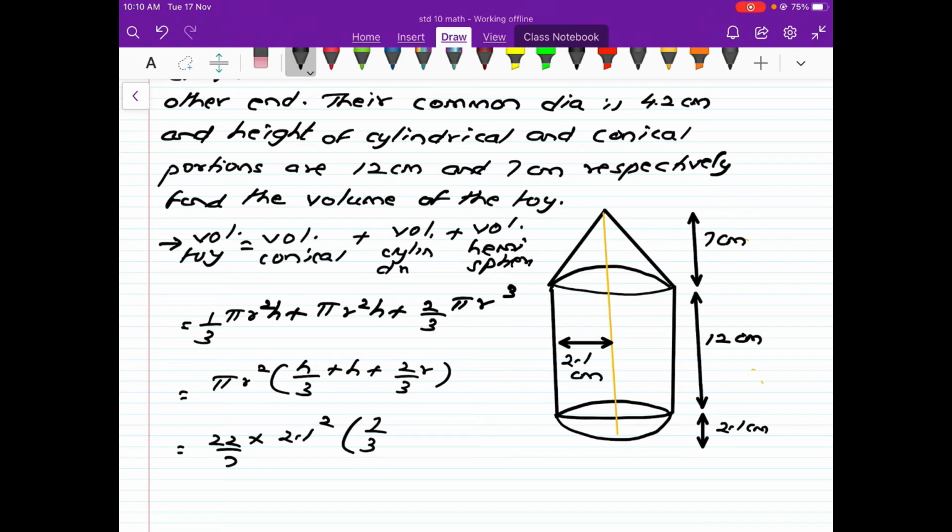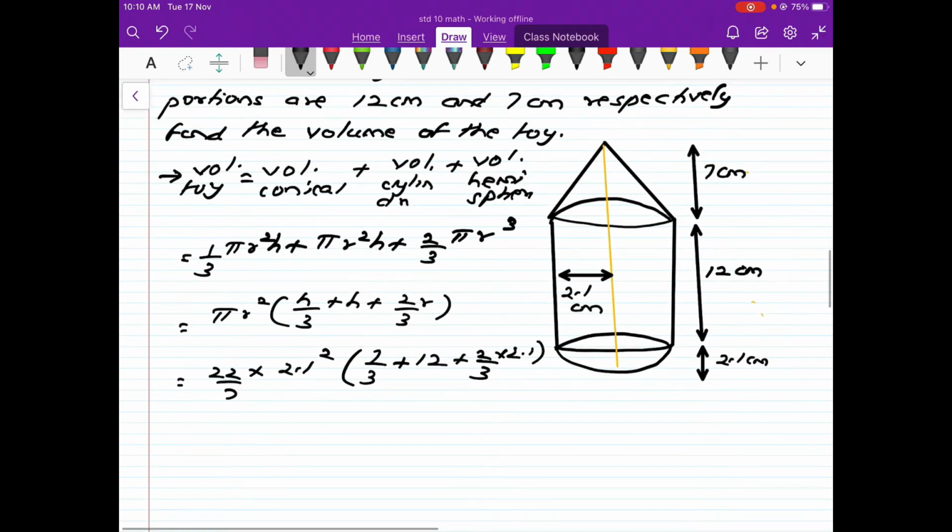So this is 7/3 plus volume of the cylinder. The cylinder height is 12 plus this is 2/3 r. So radius is 2.1. So this is how we do. So this is 22/7 into 2.1 into 2.1.